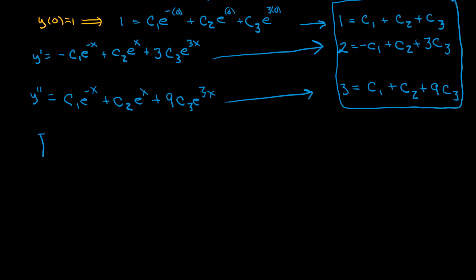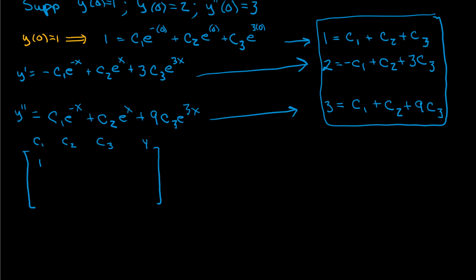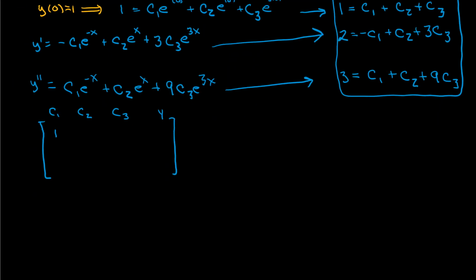I've got a matrix. Now, if you've not seen matrices before, this is kind of like a spreadsheet where you have columns, and in each column you're going to put a particular value. So in the first row, I'm going to put the coefficients from the first equation. The coefficient on C1 is 1. The coefficient on C2 is 1. And the coefficient on C3 is 1.